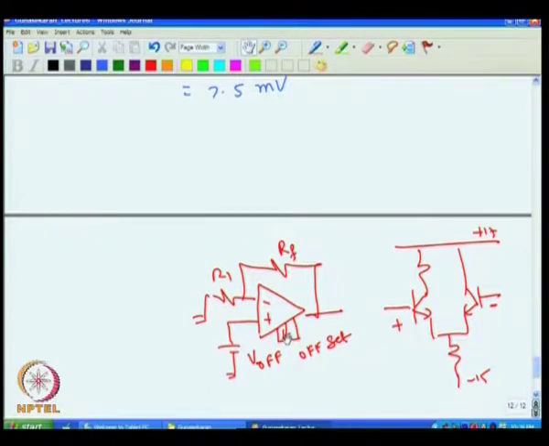So, the actual issue is offset voltage drift. If I look at the data sheet, most of them give more importance to offset voltage drift than offset voltage.